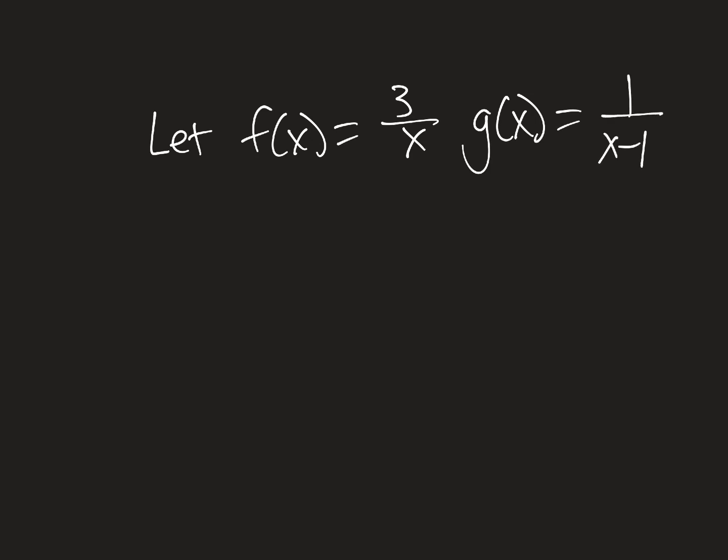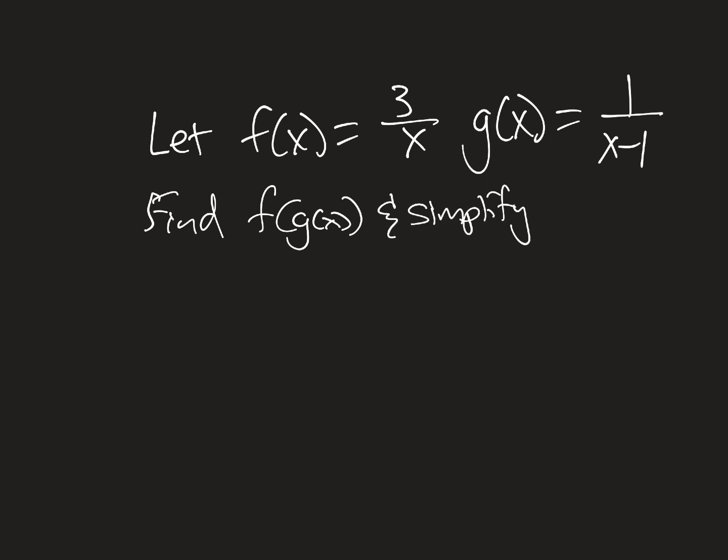I think that's very similar, if not exactly what I did in class. So the question is find f of g of x and simplify. We'll do that first. And then the second one will be going the other way. Find the other composition, g of f of x, and simplify.